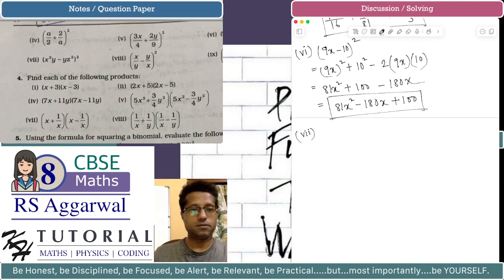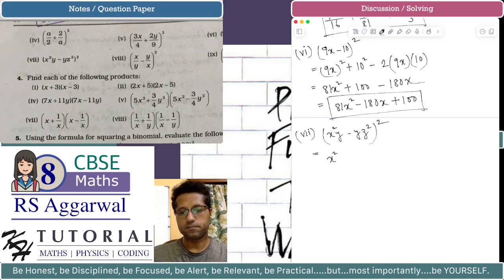Part 7 is (x square y minus y z square) square. So this is (a minus b) whole square, which is equal to a square plus b square minus twice a into b.